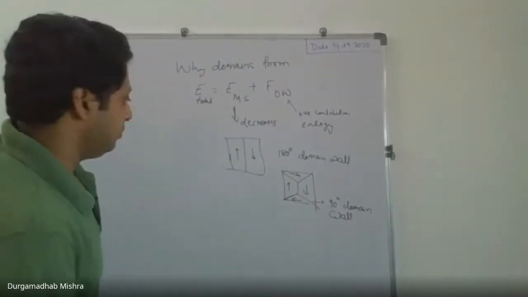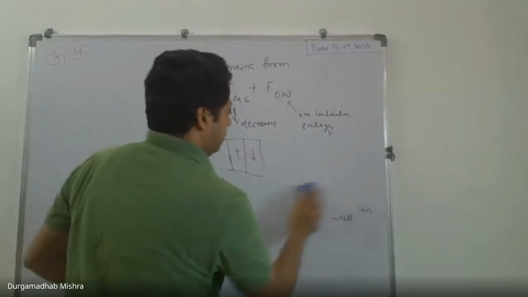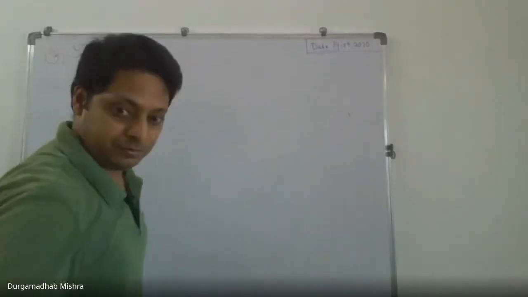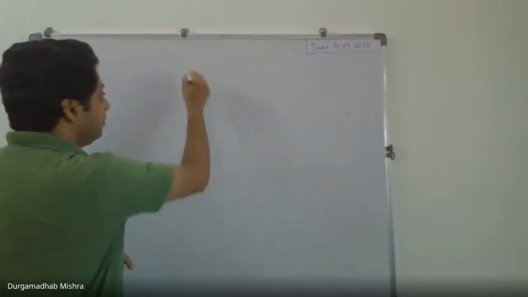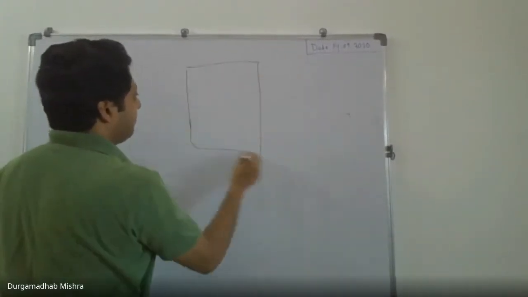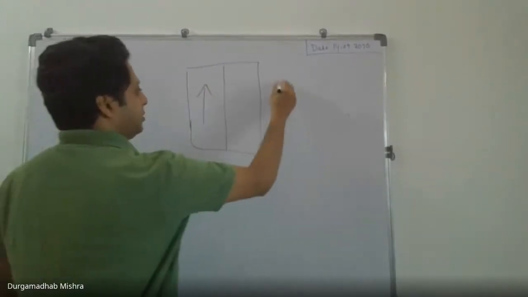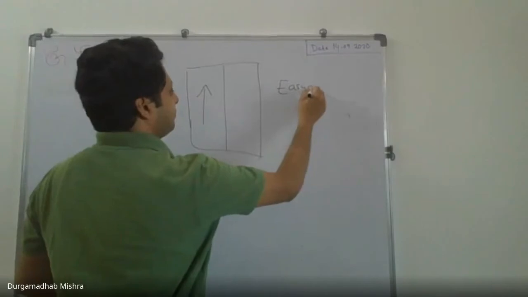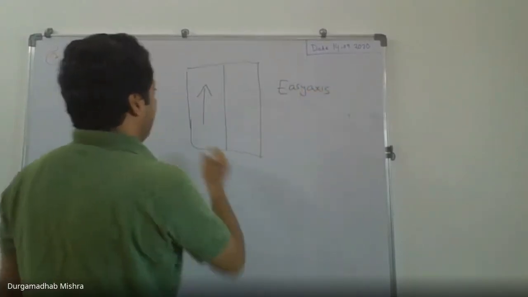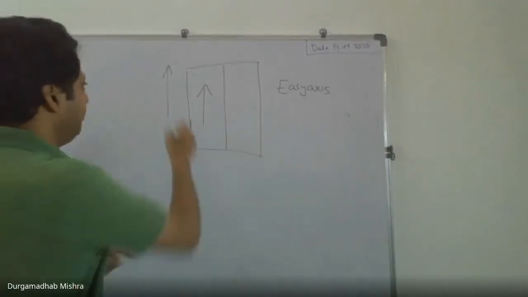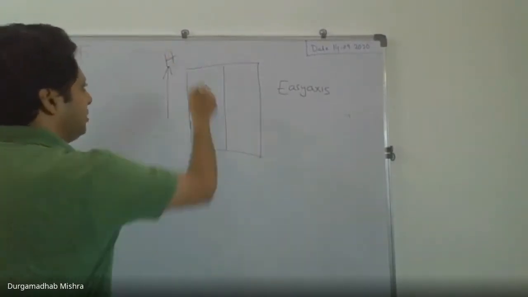So when we look at these domains, let's say this is your easy axis. Now, if you measure the hysteresis loop along this axis, you apply a field along this, let's say the Z axis.